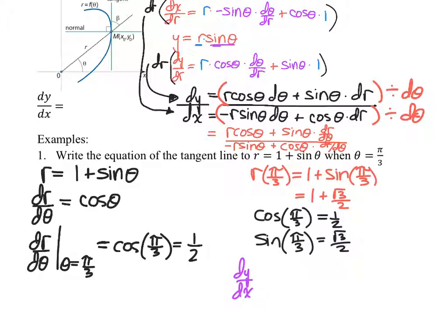dy dx specifically, this is the important thing, because dy dx should be in variable form, but because they're saying when theta is equal to pi over 3, I have license to just plug in the numerical values off the bat. So the r value is 1 plus root 3 over 2. The cosine of pi over 3 is 1/2, plus the sine.